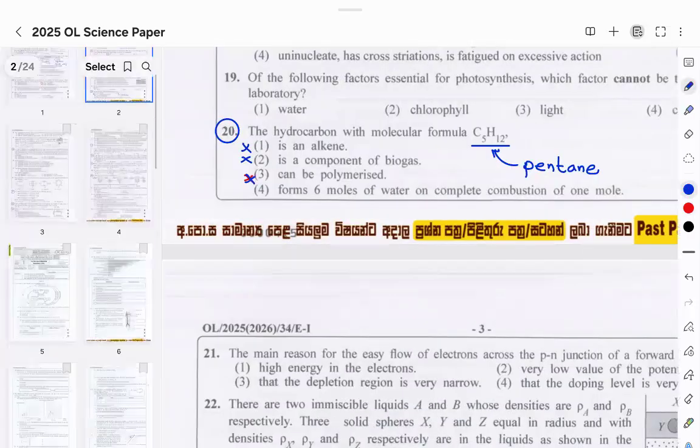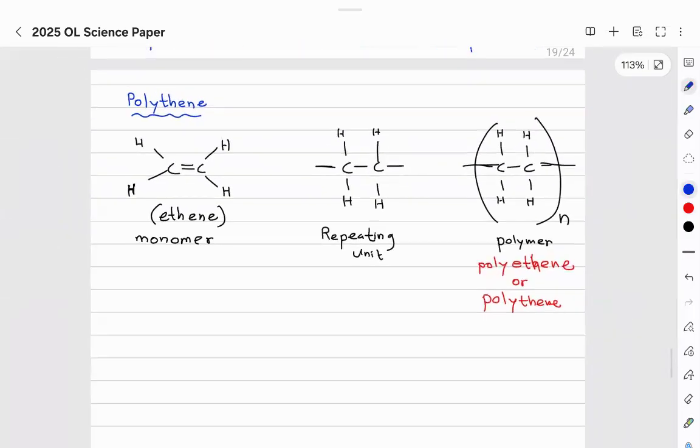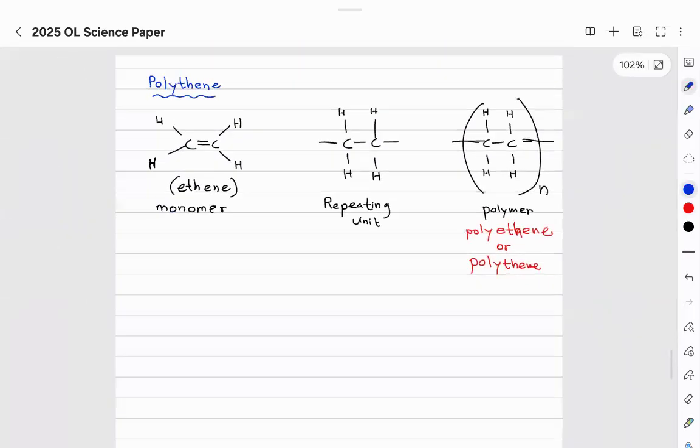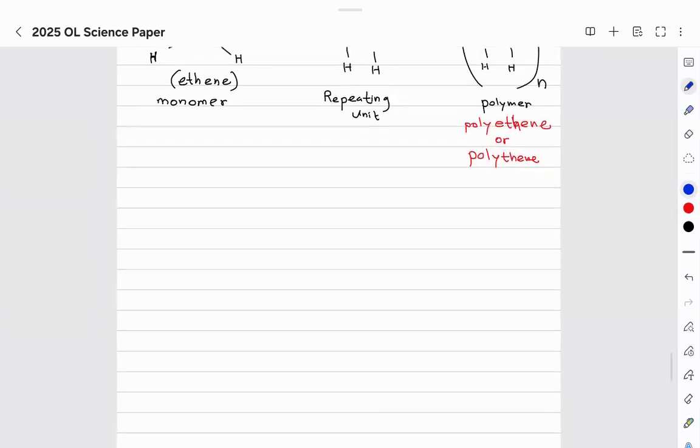Students, do you know how to write the combustion reactions, especially for hydrocarbons? What does combustion mean? Combustion means reaction with oxygen. Now C5H12 reacting with oxygen.